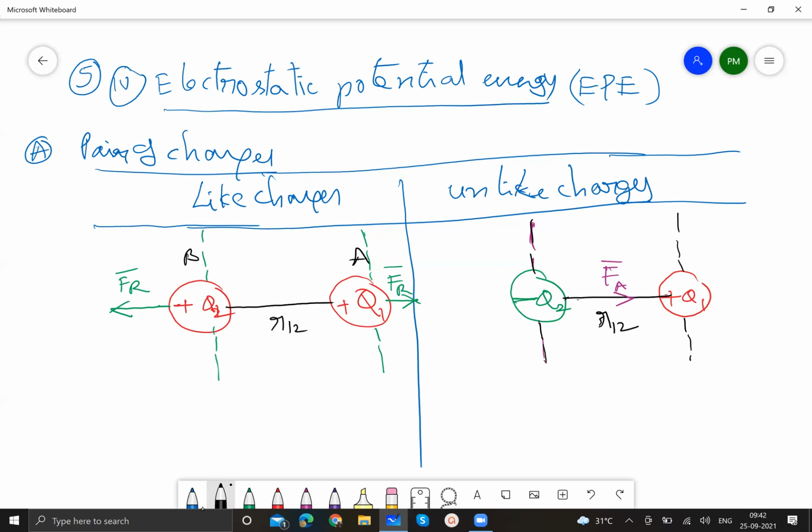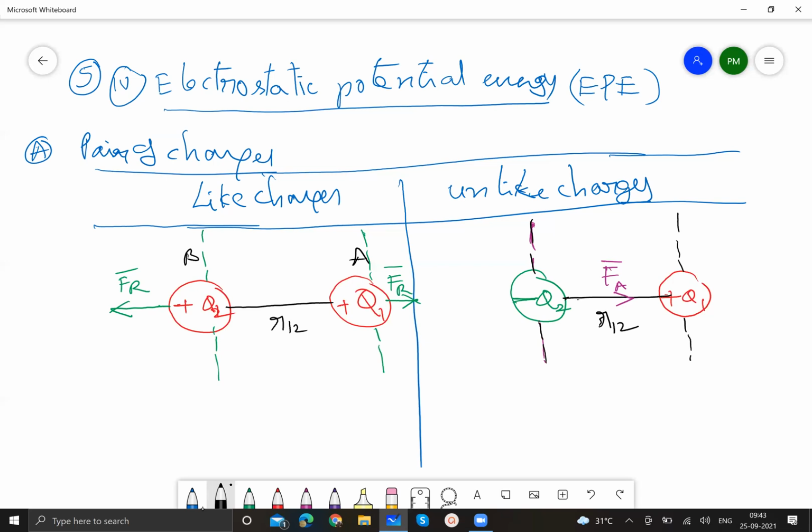Now, a body at a certain height with respect to the ground is an unstable configuration, but you are attributing stability to the body by holding it there in your hands against the gravitational force. In the same manner, here the like charges are unstable. They tend to fly apart, but you wanted to hold them together. You need to do some work.